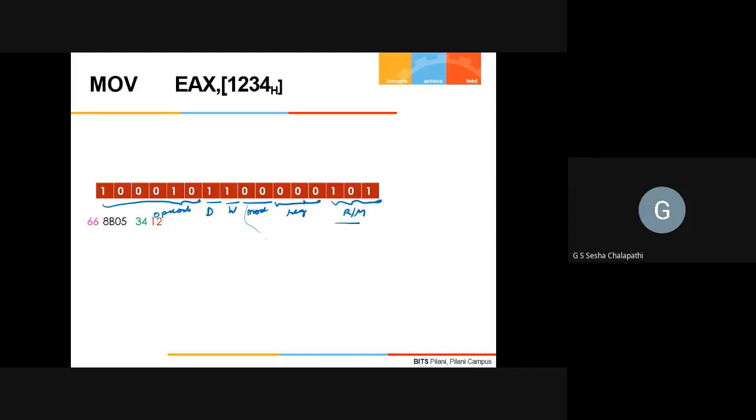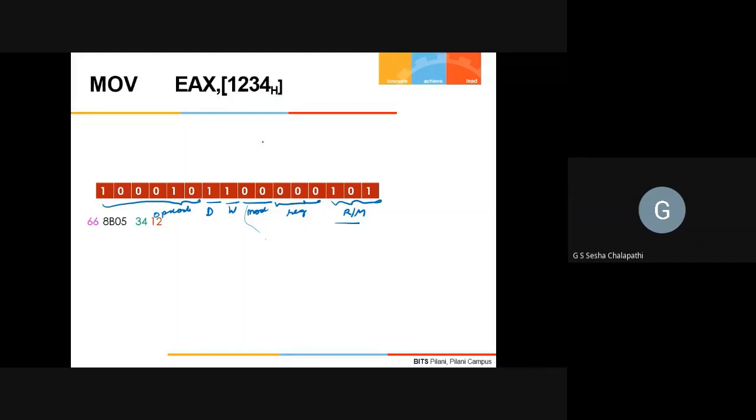Now how do you get the register field? For EAX it will be 000, as we have seen in that particular table. Now here, we are actually telling it to pick up some data from a location whose offset is 1234H and move that data into EAX.